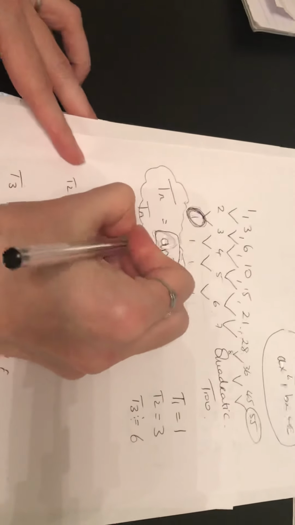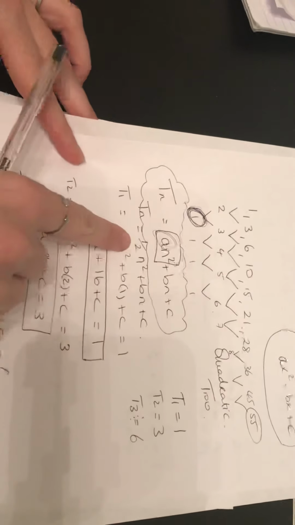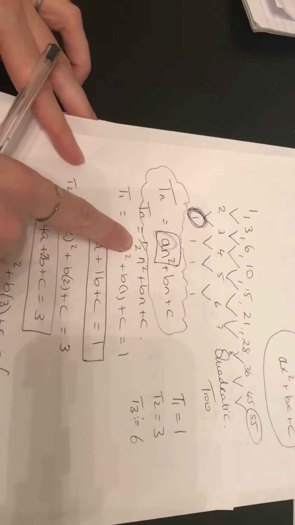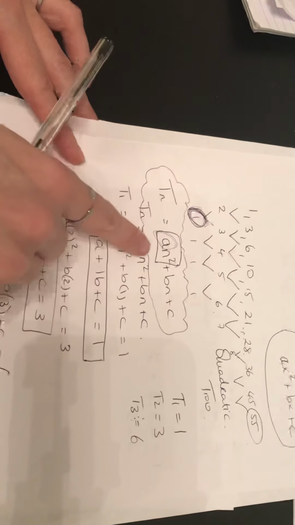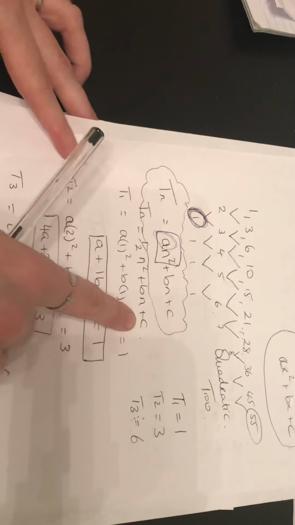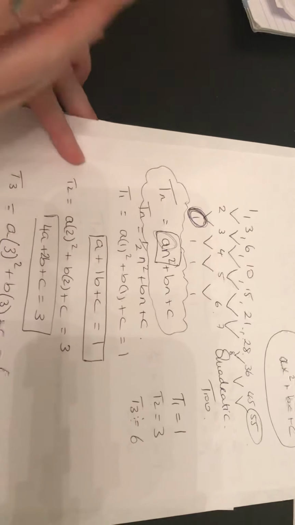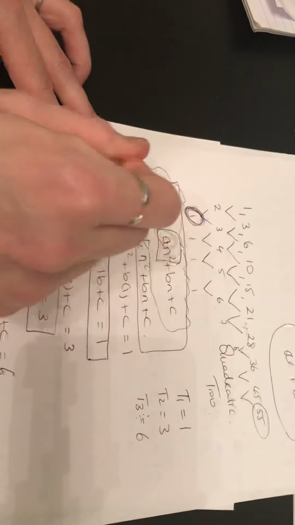So that means that I already have the coefficient of the n squared. It's always going to be half my second difference. And then that leaves me still with some algebra, but not 3 equations, 3 things missing. I'd end up with 2 equations, 2 things missing, and I'd be able to solve it faster.